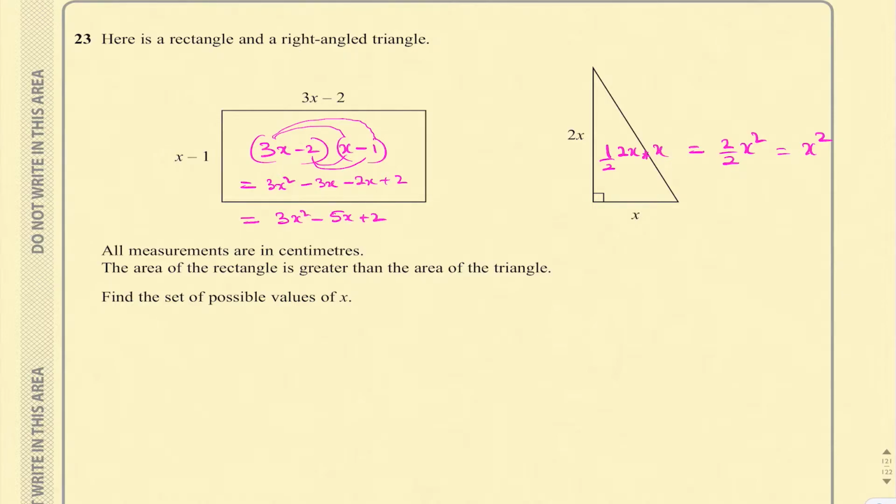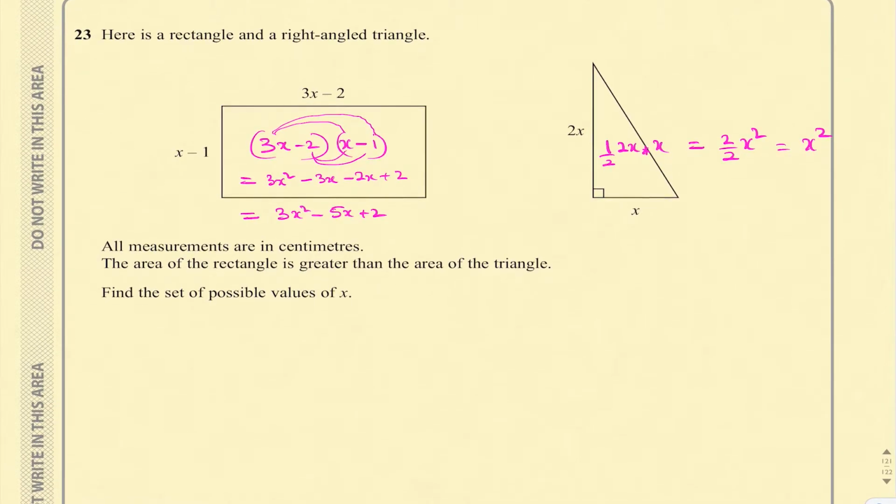And the question then is, the area of the rectangle is bigger than the area of the triangle. So I have 3x squared minus 5x plus 2 is greater than x squared, which meant that I need to rewrite this.